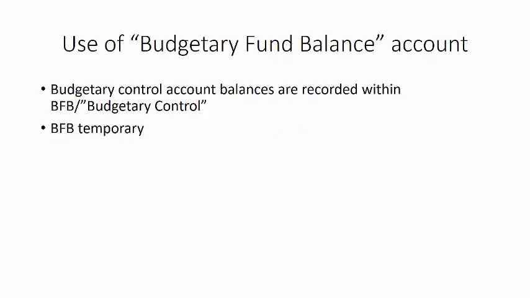A thing that I wanted to mention here about the use of this BFB account, I want you to keep in mind that when we are debiting and crediting our estimated revenues and our appropriations and things like that, many times the amounts of our estimated inflows, whether it's revenues or other financing sources, and our amounts credited to appropriations and other financing uses are not always going to be equal.